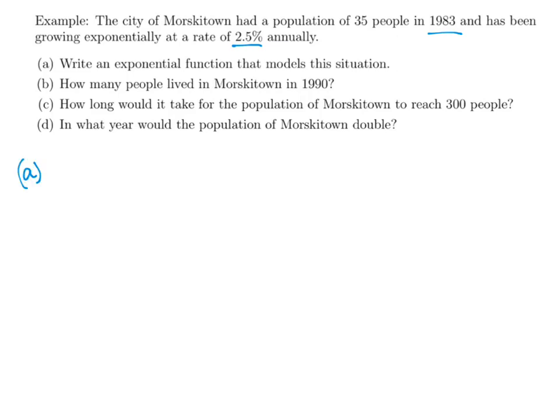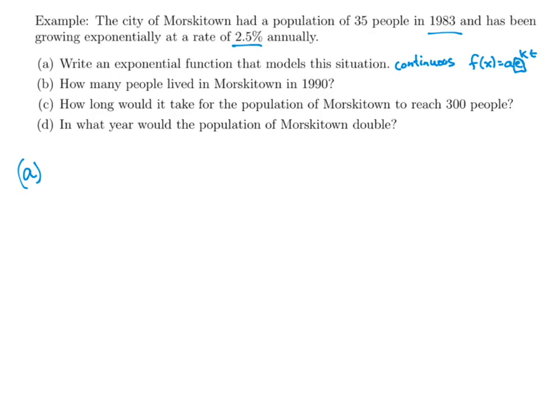Okay, so for part A, we want to write an exponential function that models this situation. Because we're talking about population growth, we're going to say that this growth is continuous. And all that means is we can use this general form A e to the kt. So the key point here is that the base is the exponential constant e.